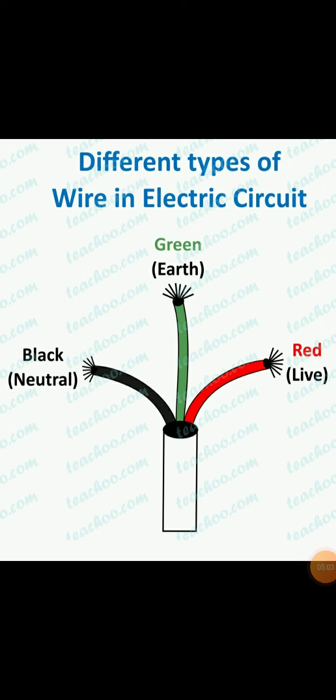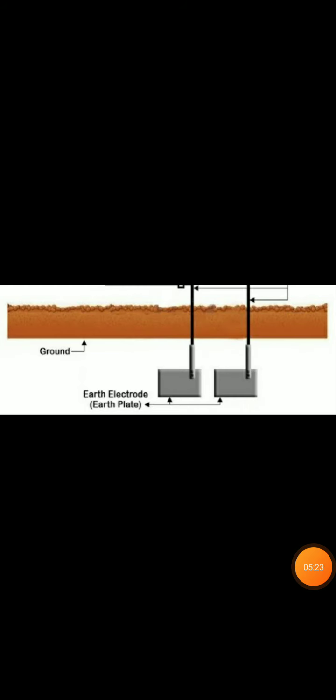As we talked about three types of wire, let us talk about the green colored wire. It is the earth wire. Earth wire has insulation of green color, and is usually connected to a metal plate deep in the earth near the house.